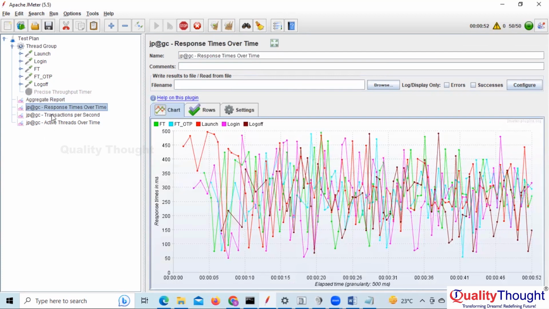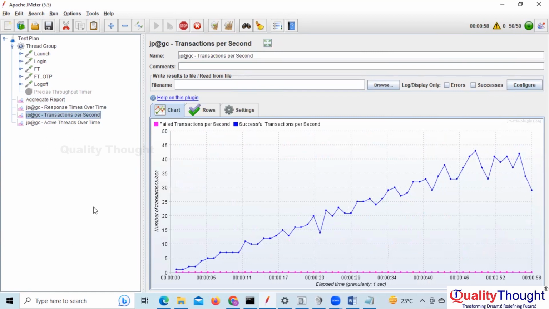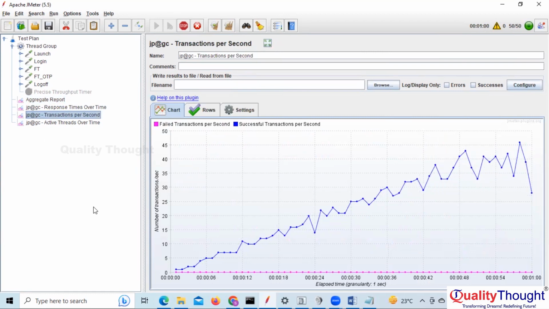So let us go to our TPS graph. And what is my target? 100 TPS. It has to achieve 100 TPS, right?